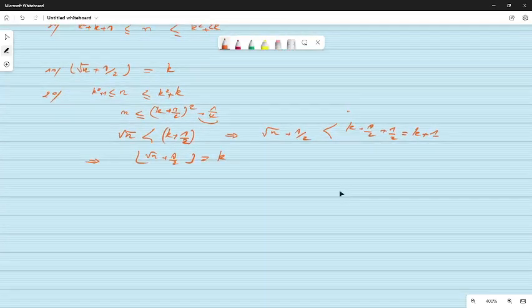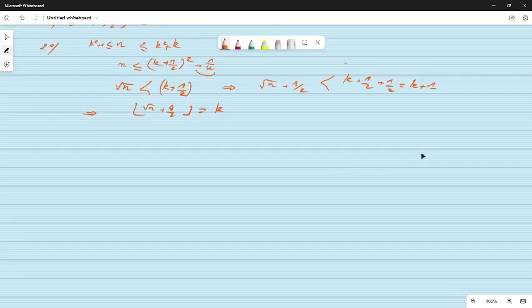Now we'll do it for the third case. n is between k squared plus k plus 1 and k squared plus 2k.